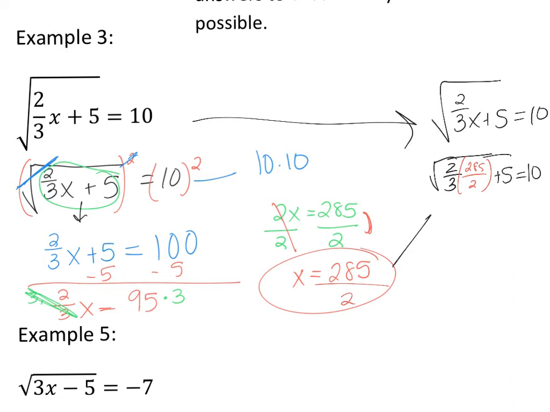Now, like I said in the last problem, you always do what's in the radical first. So I'm going to multiply my fractions. We remember how to multiply fractions, just multiply across. So 2 times 285 is 570, and then 3 times 2 is 6. Don't forget the rest of the equation.